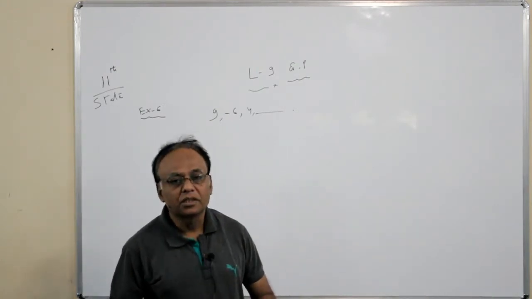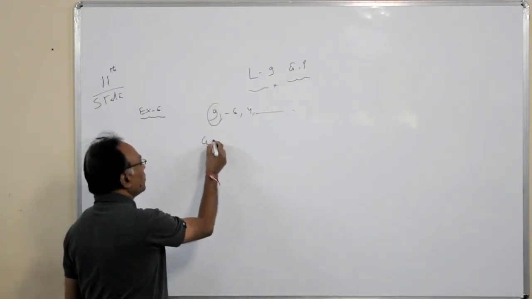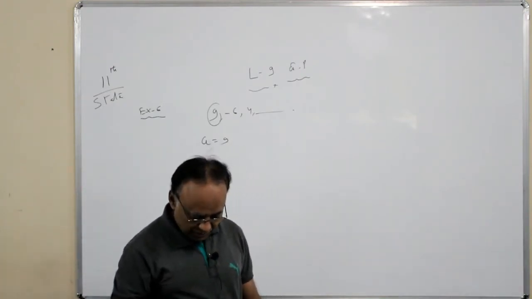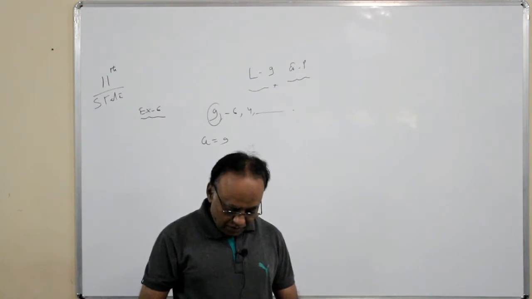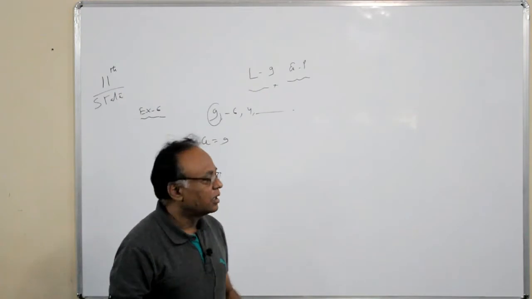Now, you know what A is equal to. So, A is equal to 9. Now, R is equal to, how to find the R?